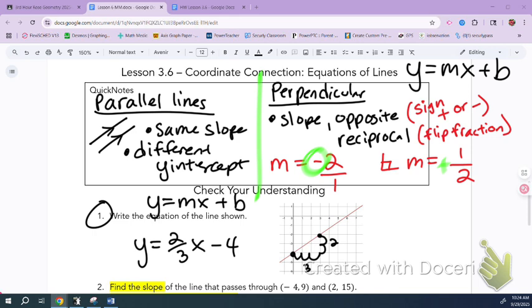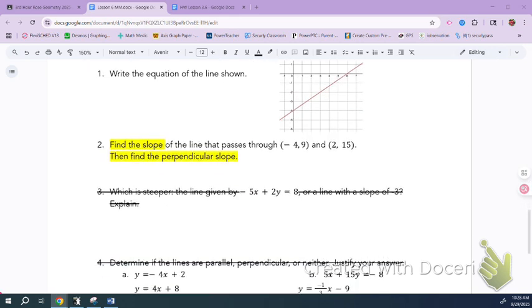Okay, great. Now we're going to find the slope of the line that passes through, and I'm sorry, I had to highlight. There was a typo on here, so you're going to have to change yours. Find the slope of the line that passes through these 2 points. And then once we find that slope, we're going to find the perpendicular slope. So again, we're going to review what we did last week.